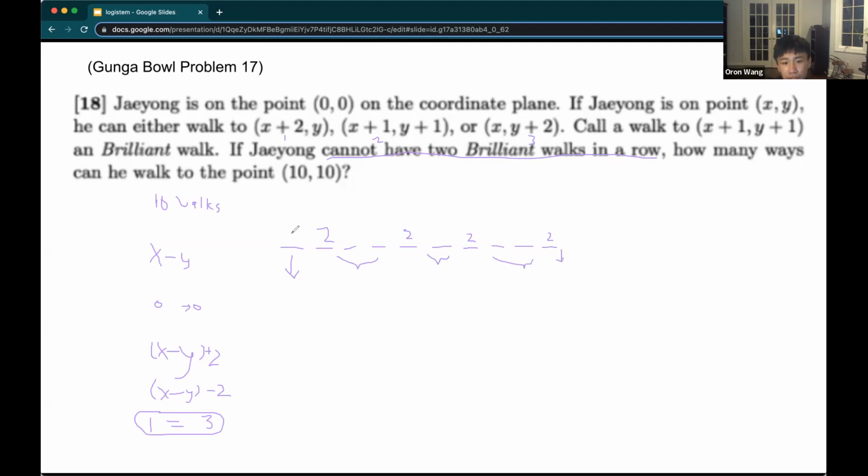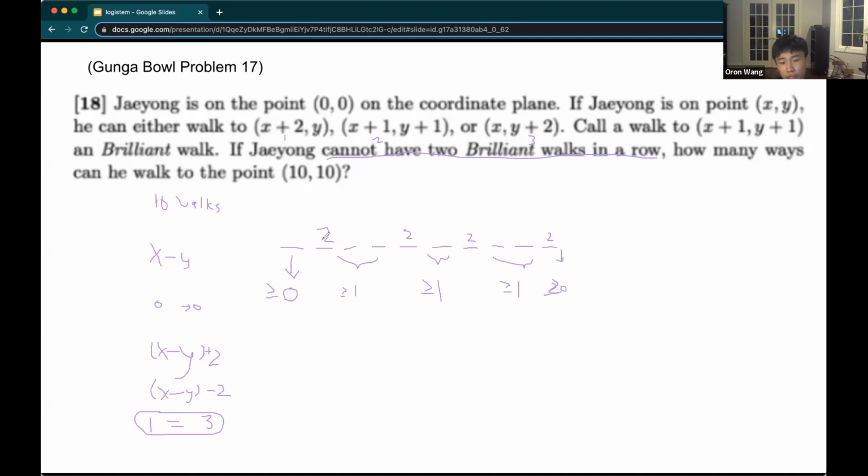This first gap can be of size at least 0. This gap has to be greater than or equal to size 1, since no 2 2s can be in a row, and that would make it a gap of size 0. This has to be greater than or equal to 1 as well, and also this, and then this last one is just greater than or equal to 0.